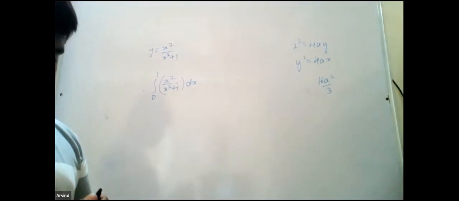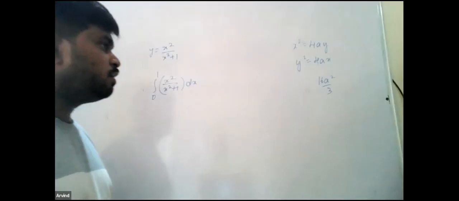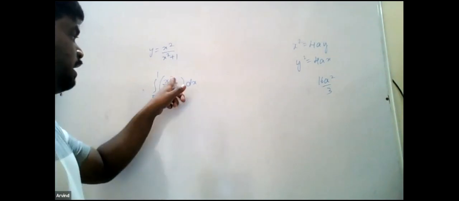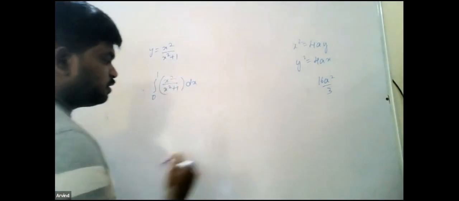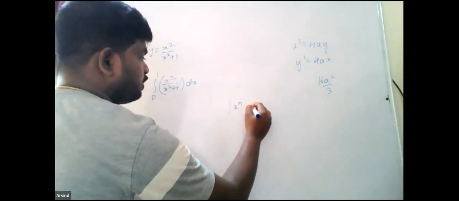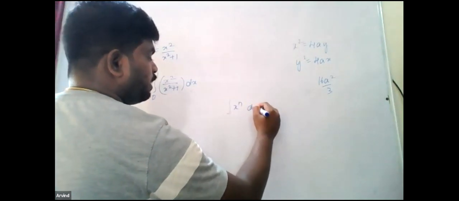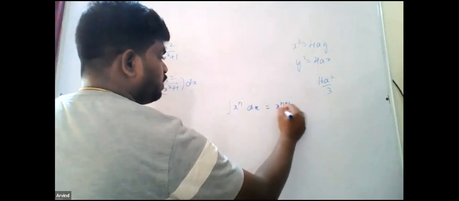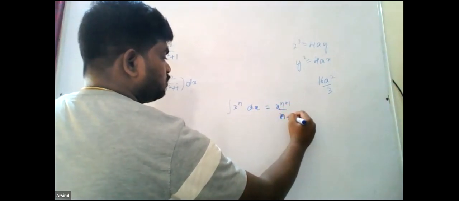Didn't get it, Pavitra? X cube by x cube plus x. You cannot integrate it separately. That is only for this formula. Integral of x power n, only then you can write it as x power n plus 1 by n plus 1.